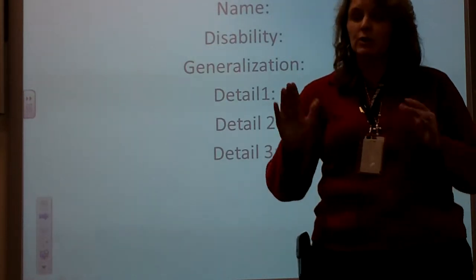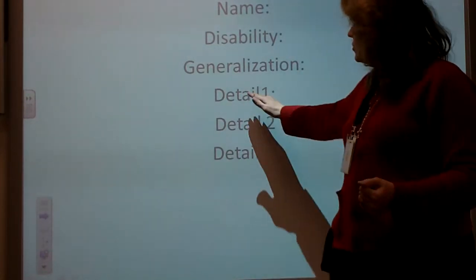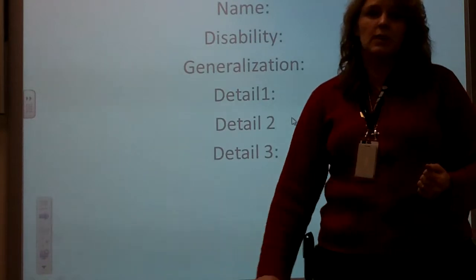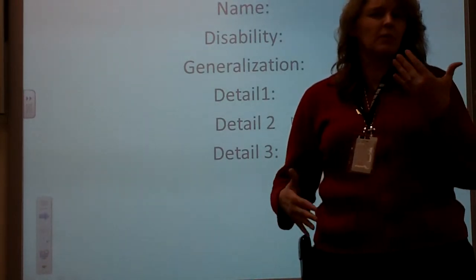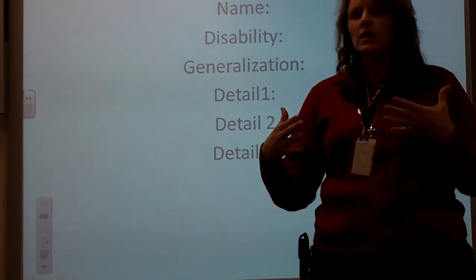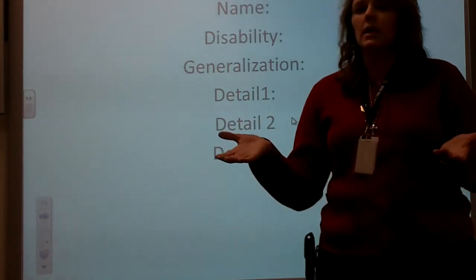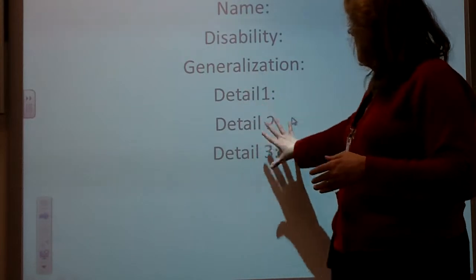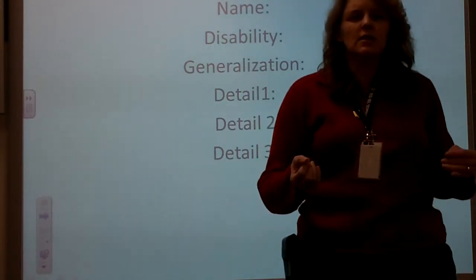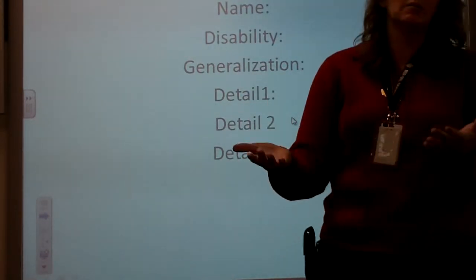I'm going to recommend when you're writing your card up that you do your details first. Okay? Because when we're doing our cards, I mean, you don't make a generalization before you read the story. Okay? So write your details about it, and then look at your details and say, okay, think about Emily.